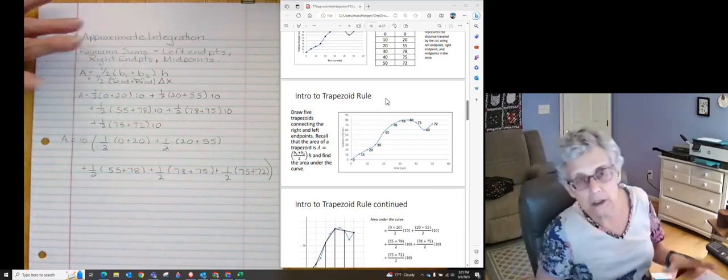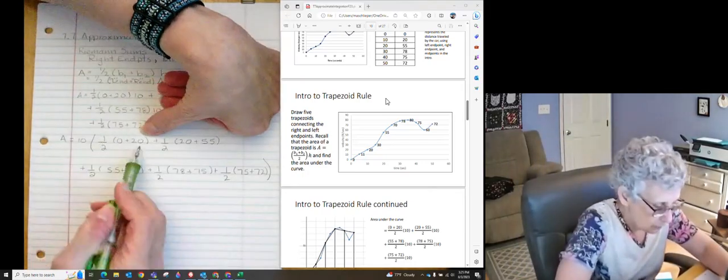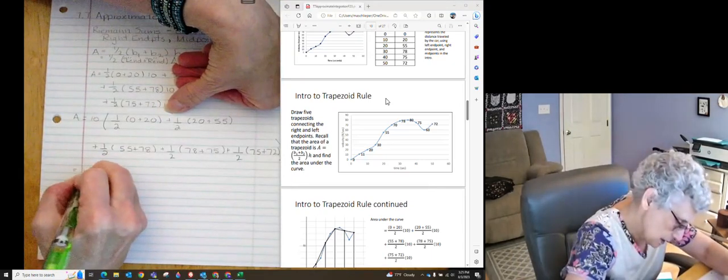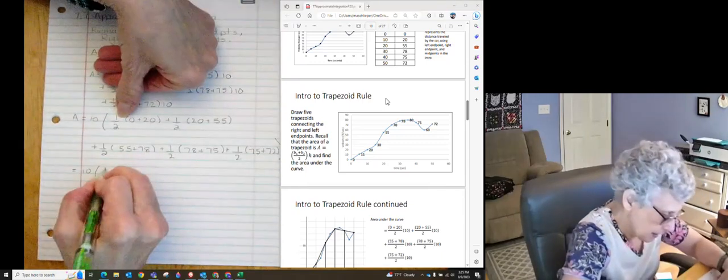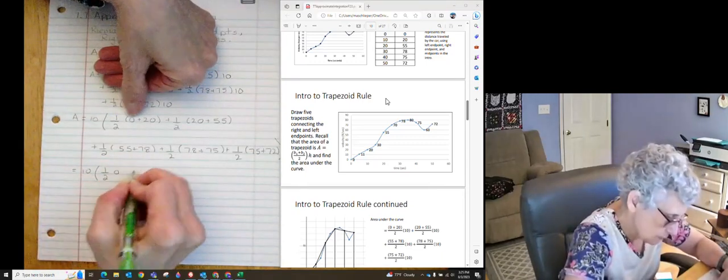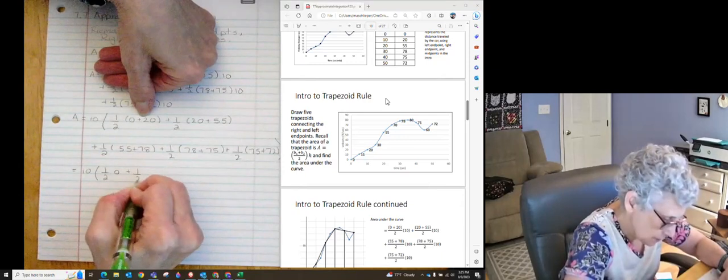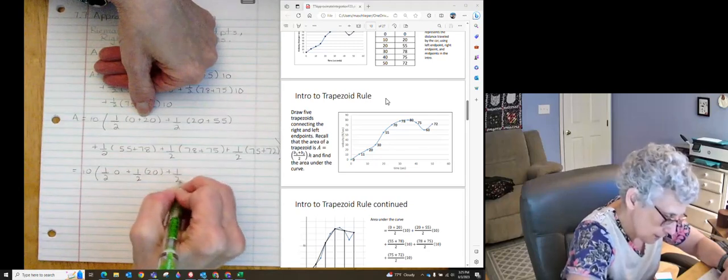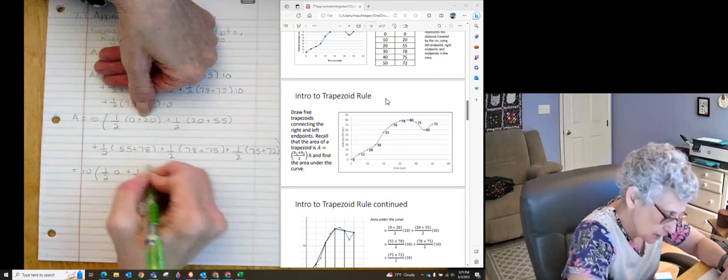Now, think about distributing the 1/2s through the parentheses. So 10 is sitting outside. I have 1/2 times 0 plus 1/2 of 20 plus 1/2 of 20.